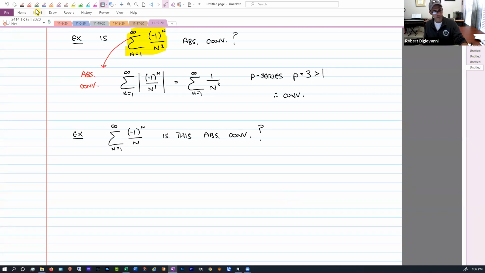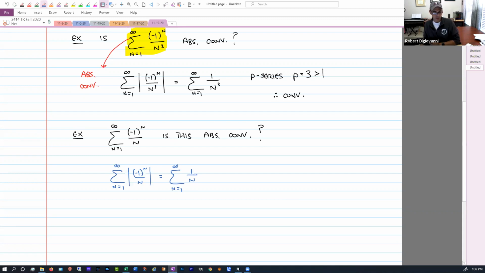So what do we check? We need to take sum n equals 1 to infinity of the absolute value of -1 to the n over n. But when we take the absolute value, the -1 on top no longer matters. It just becomes 1 over n.